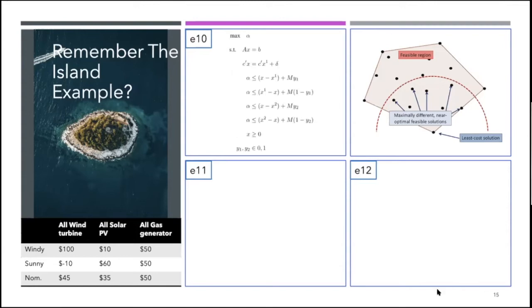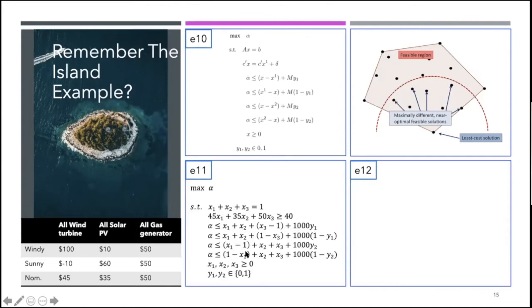Right? So using James Price's formulation, we create two new variables. The first variable corresponding to our first least cost solution, and the second variable corresponding to our first MGA solution.